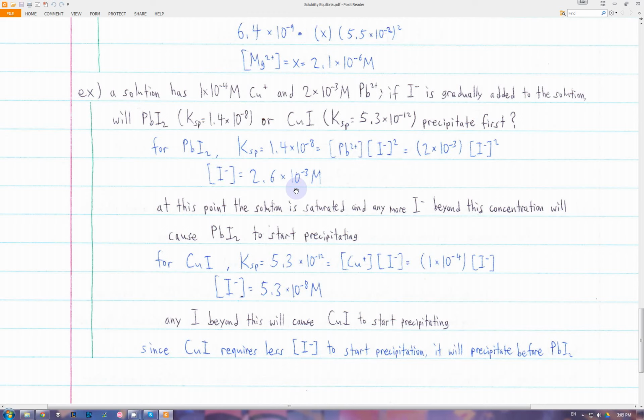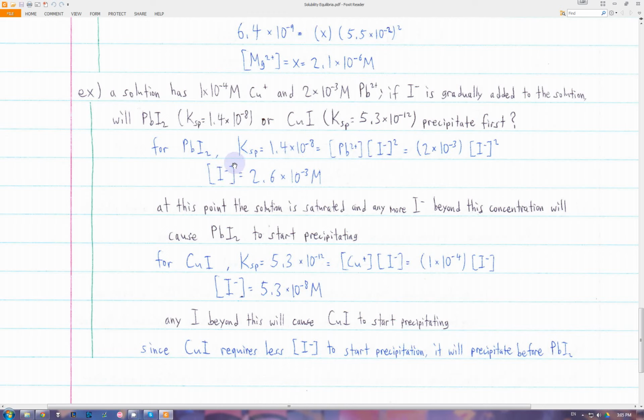And what this tells us is when the concentration of iodine is equal to this amount, then this lead iodide will be in equilibrium. Because if we plug in this concentration for iodine and this concentration for lead, it fits the KSP value. So this solution is saturated with lead iodide.